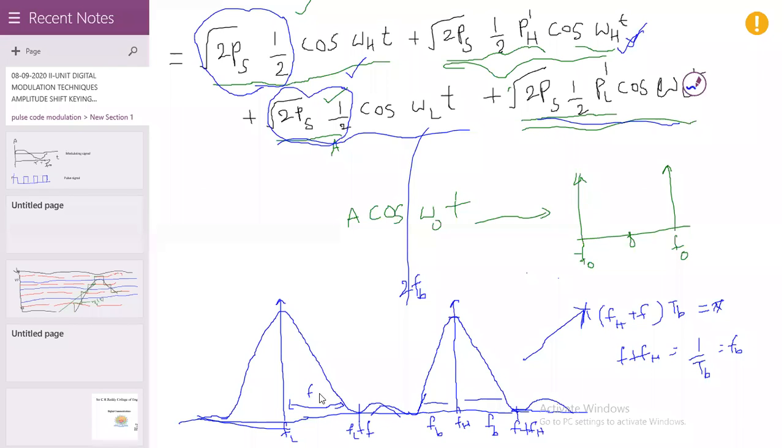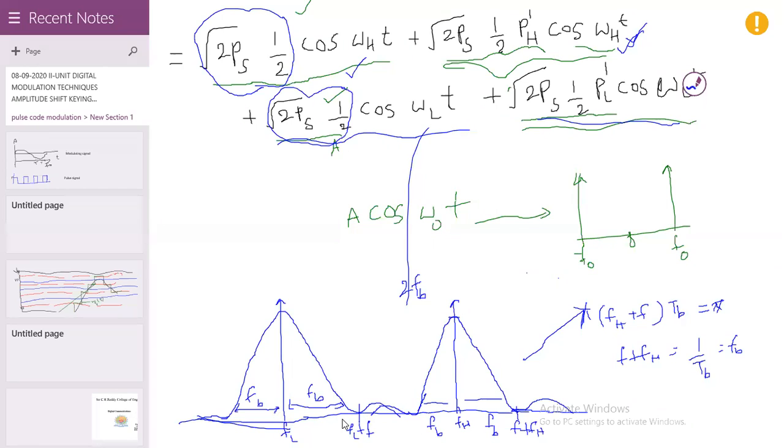This is an FB. Again, this is also FB. This is an FB. So this is an FL minus FB. This is an FH minus FB, like that.